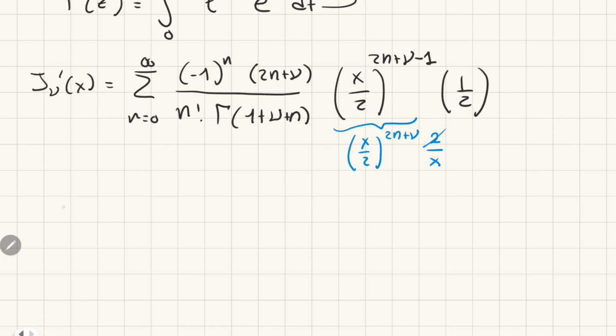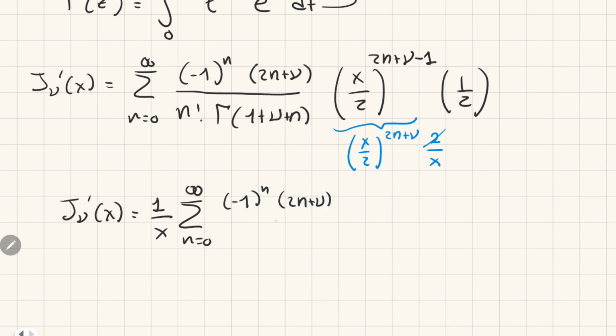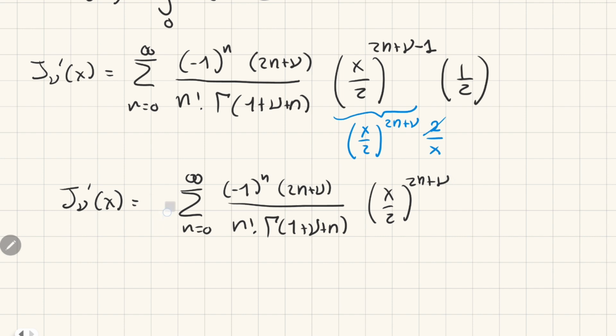So this is going to give us that J sub nu prime of x is equal to 1 divided by x, the sum from n equals 0 to infinity of (minus 1) to the n, (2n plus nu) divided by n factorial gamma of 1 plus nu plus n, and then this multiplies, right? (x divided by 2) raised to the 2n plus nu. Okay, and we are going to take this x that is here to the other side of the equation to multiply this J sub nu prime of x.